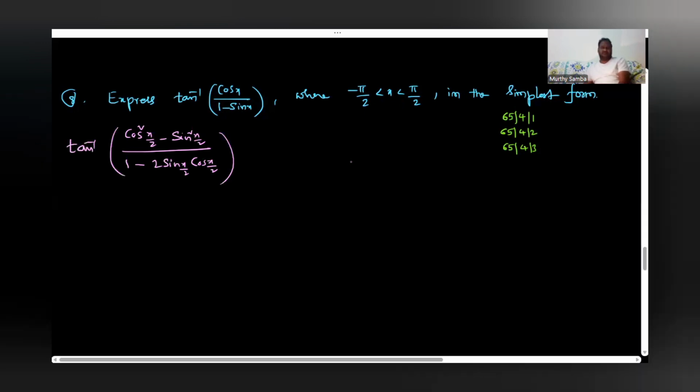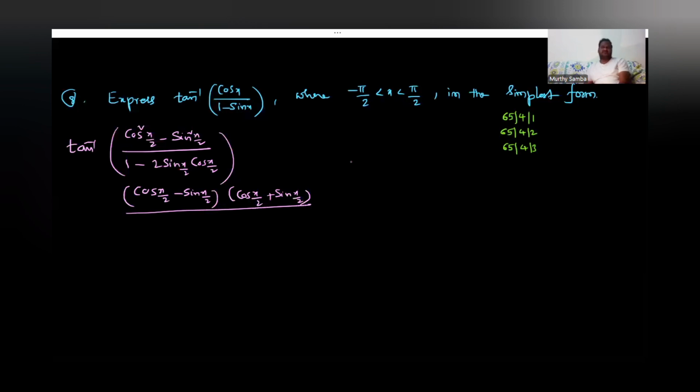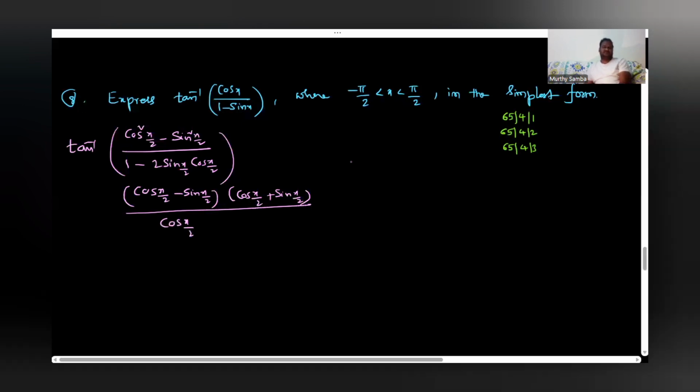See, numerator can be written as cos square x by 2 minus sin square x by 2 means cos x by 2 minus sin x by 2 into cos x by 2 plus sin x by 2. Right? So whole divided by 1 can be written as cos square x by 2 plus sin square x by 2 minus 2 sin x by 2 cos x by 2 is in the form of cos x by 2 minus sin x by 2 whole square.